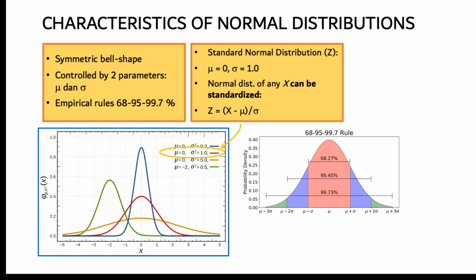The normal distribution follows the empirical rule 68, 95, 99.7 as shown below.